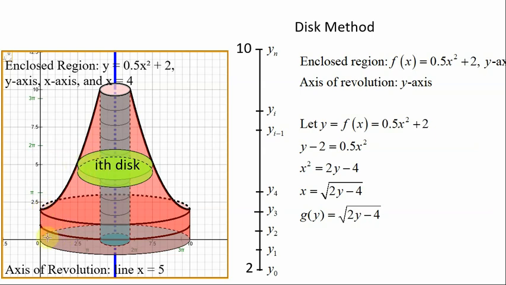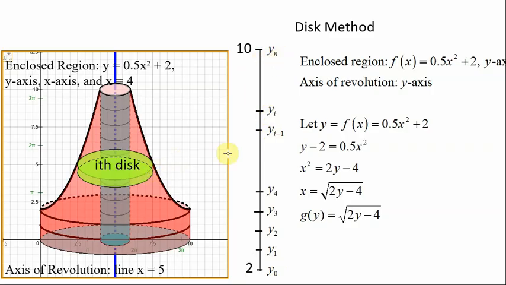And then the interval from 2 to 10 here, since the bell right here ranges from 2 to 10. And so let's divide it into n sub-intervals. And so here we get y sub 0, which is 2, and then y sub 1, and then y sub 2, and we get to the ith sub-interval, and then 10 would be y sub n.